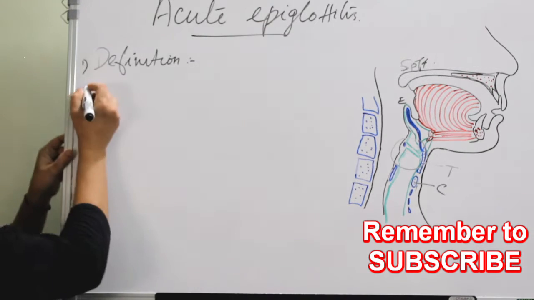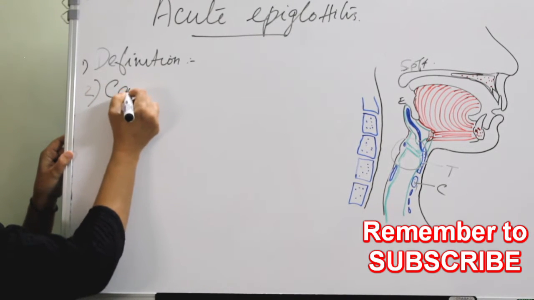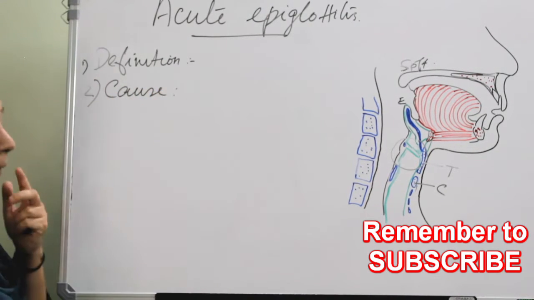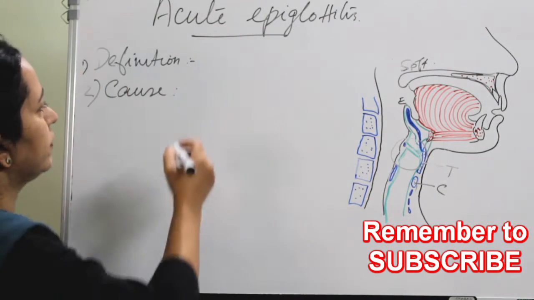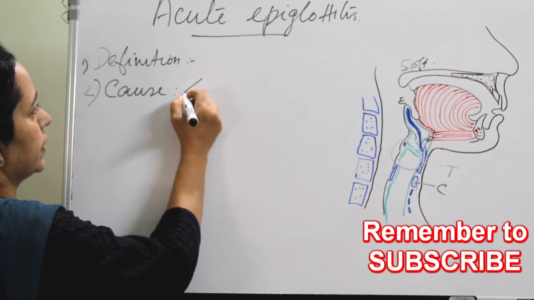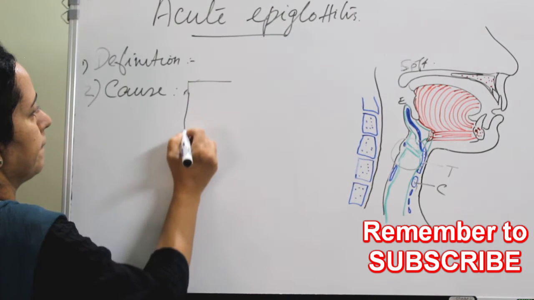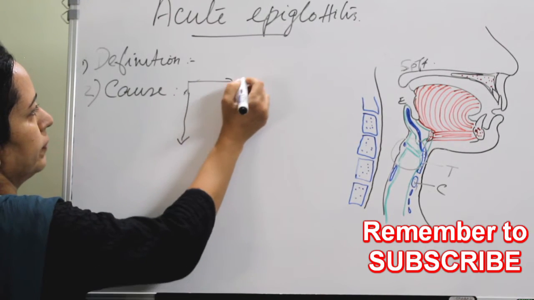Then after definition comes the causes, that is etiology. What is the cause of acute epiglottitis? This can be infective and non-infective. There are two main headings.